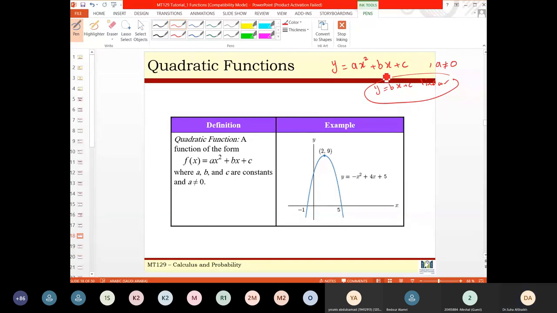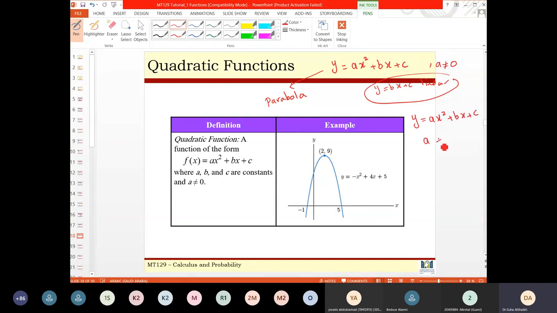Now, the quadratic equation is what we call a parabola. Do you know the conic sections? Remember the ellipse and the parabola and these things? So the quadratic equation, if we draw it, is what we call a parabola. Notice that y equal to ax squared plus bx plus c.